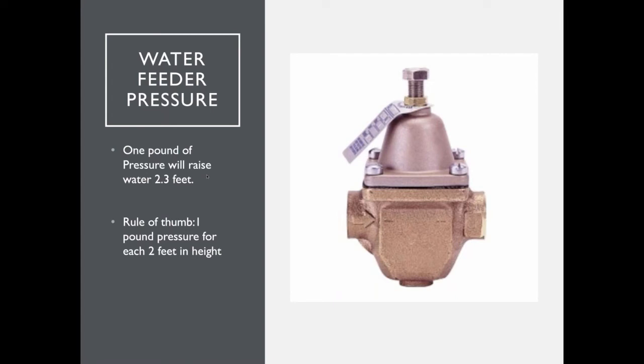And 1 pound of pressure will raise water 2.3 feet. So a lot of times I use a rule of thumb of 1 pound of pressure for about 2 feet in height. So if your highest radiator is 50 feet, I'll make sure I have around 25 pounds of pressure on there.